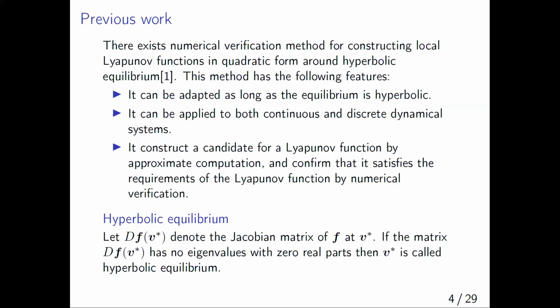It can be adapted as long as the equilibrium is hyperbolic. It can be applied to both continuous and discrete dynamical systems. And it constructs a candidate for a Lyapunov function by approximate computation and confirms that it satisfies the requirements of a Lyapunov function by numerical verification.